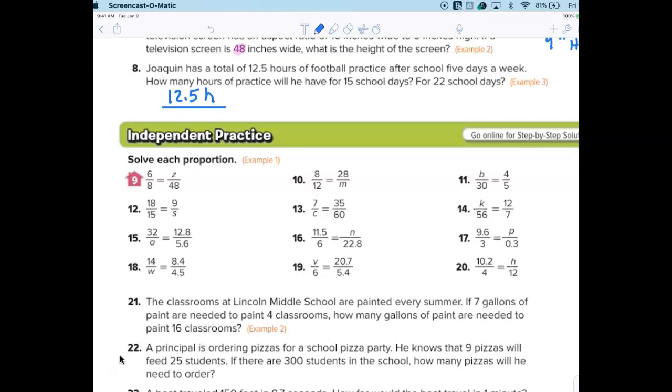How many? 5 days. All right. Now, specifically, you want to know how many hours there would be in 15 days. So you can make a proportion. Now, where would the 15 days go? On the bottom. And we put our X on the top.